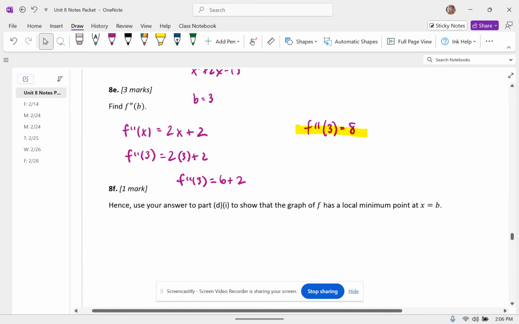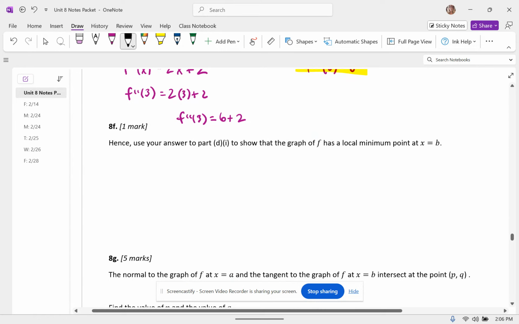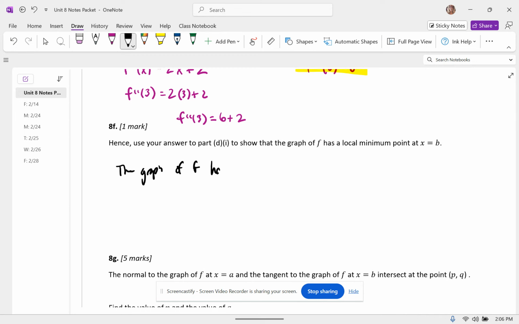It's literally the same, and it's not split up with an i, so perfect. So we would just say the graph of f has a local minimum at point x equals b, and then it's the same exact thing that you wrote up. I was going to say upstairs.